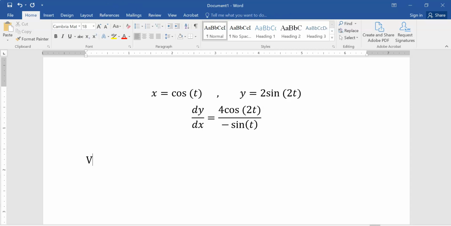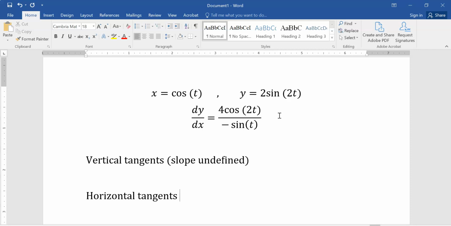And so now we're going to look for vertical tangents and horizontal tangents. And we know vertical tangents happen when the slope is undefined.